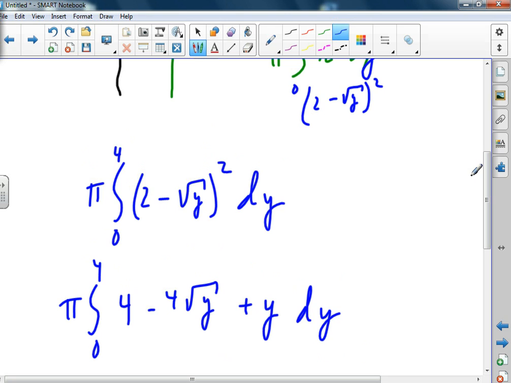Okay, so I'm going to go the integral guy, 0 to 4, and parentheses 2 minus the square root of y.